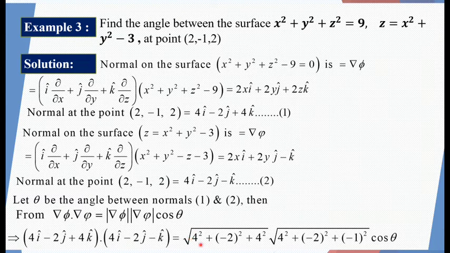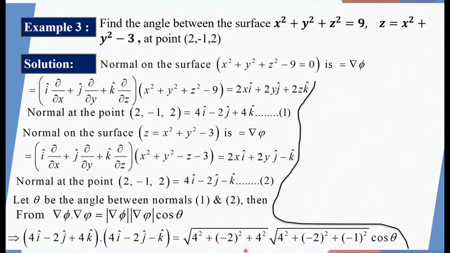So 4 square is 16, minus 2 square is 4, 4 square is 16: 16 and 16 is 32, and 4 is 36. Similarly 4 square is 16, minus 2 square is 4, and minus 1 square is 1: 16 plus 4 is 20, and 1 is 21. And for the dot product: 4 times 4 is 16, minus 2 times minus 2 is plus 4, and 4 times minus 1 is minus 4. So 16 plus 4 minus 4 is equal to square root 36, square root 21, cos theta.